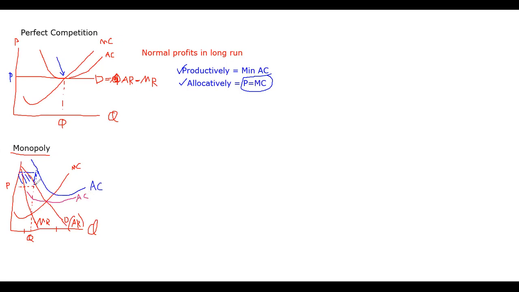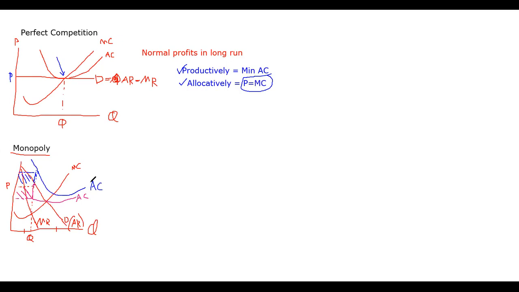But at this particular point, it would be below AR. So this is your per unit supernormal profit, and this area would give you supernormal profits. So that's how you can show either losses or supernormal profits under monopoly.